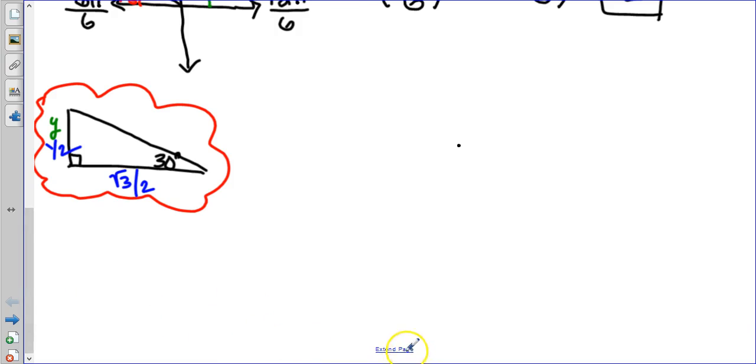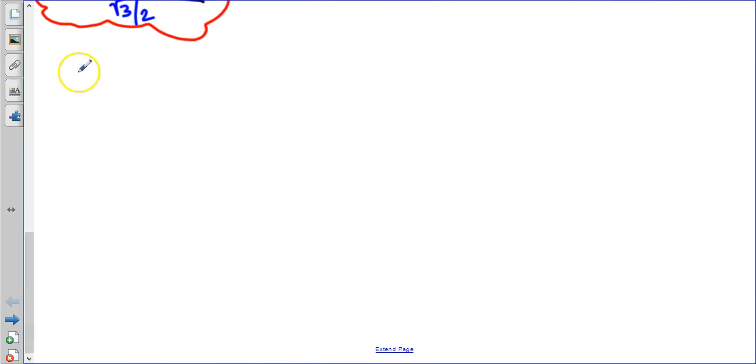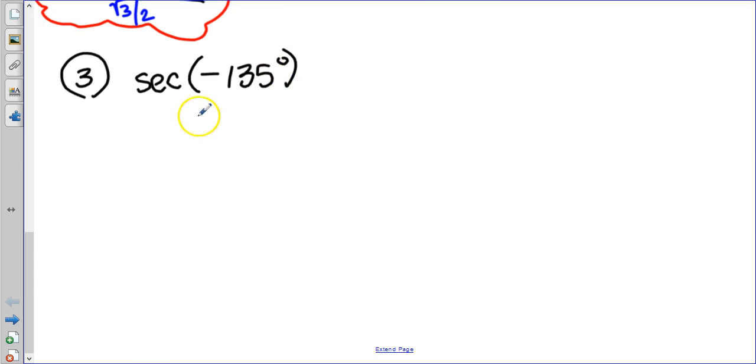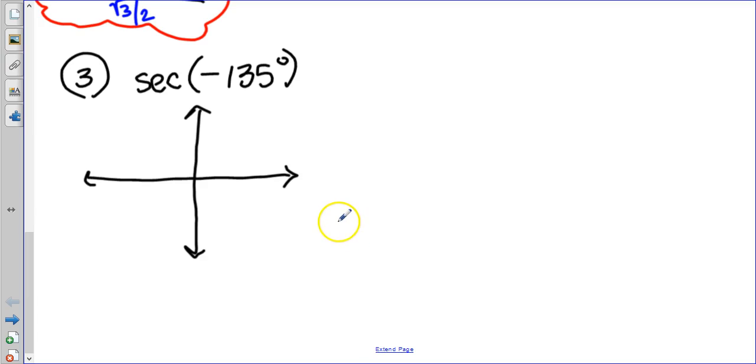So let's look at our last example, number 3, which is secant of negative 135. As always, please press pause to sketch, and then we'll see if we match. So I know I'm moving in a negative direction. Negative is not so happy, it's just clockwise.